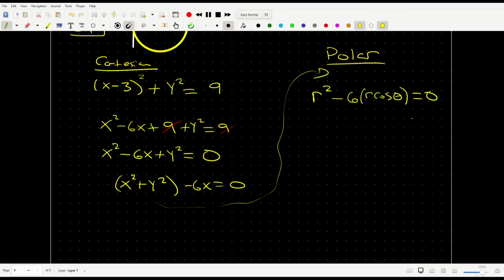Or, rewriting, dividing out by r as long as r is non-zero, this will be r minus 6 times cosine theta is equal to 0, or r is equal to 6 times cosine theta.